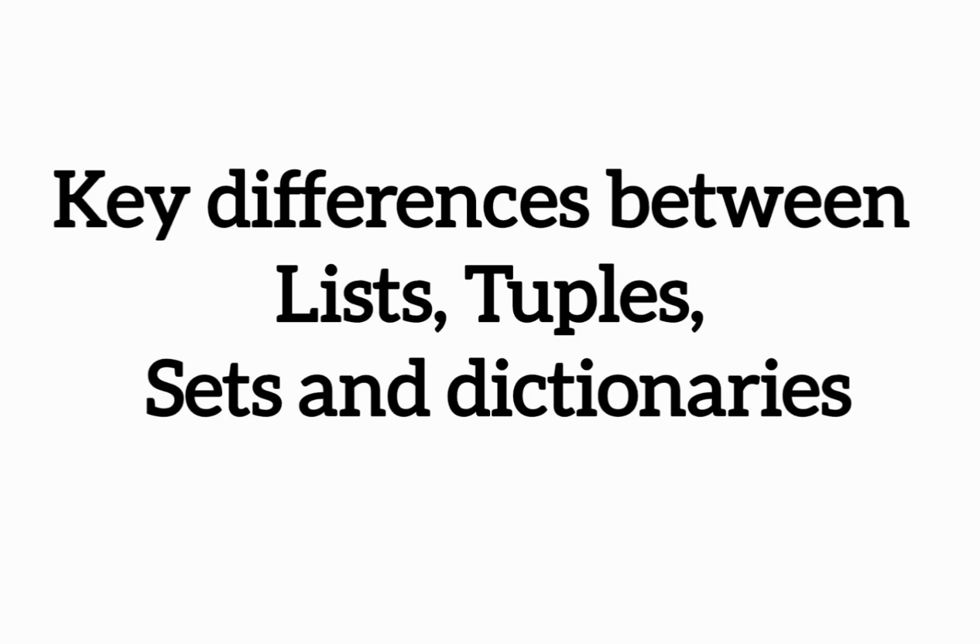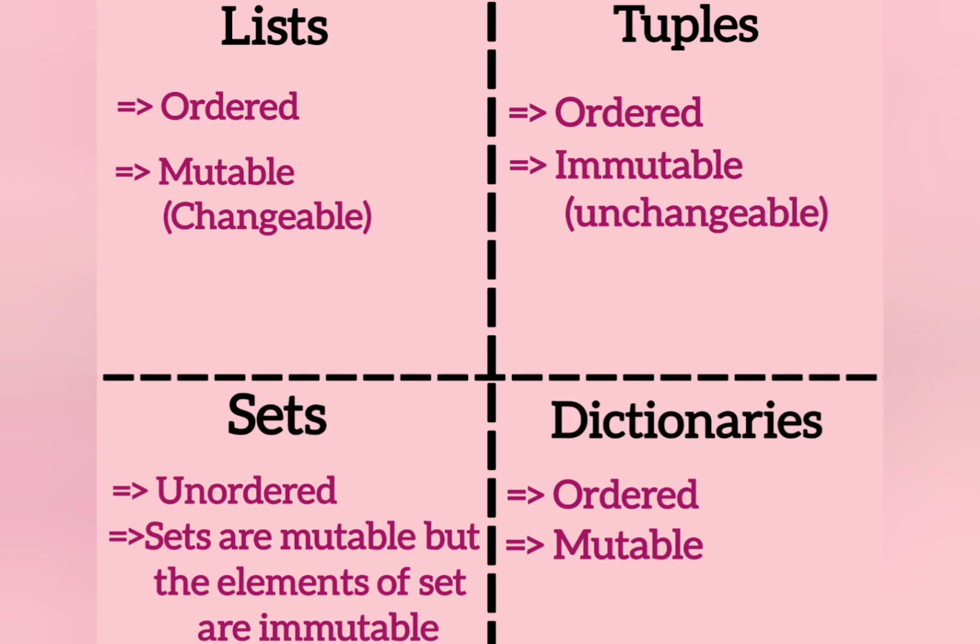So we have discussed all the data types individually. Now the basic key differences are: a list is ordered, tuples are also ordered, dictionaries are also ordered. Only sets are unordered, which means the order of the elements is not fixed and not necessary.